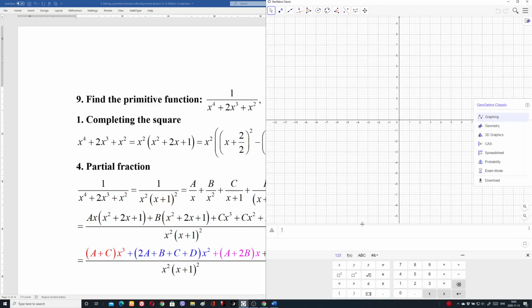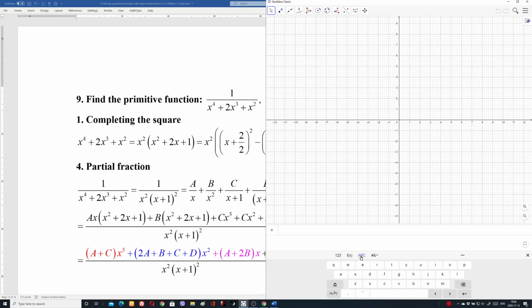1 divided by, but first I will write the integral. Remember, it's necessary to learn GeoGebra to do a control.